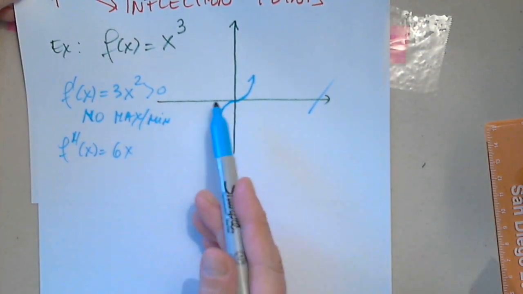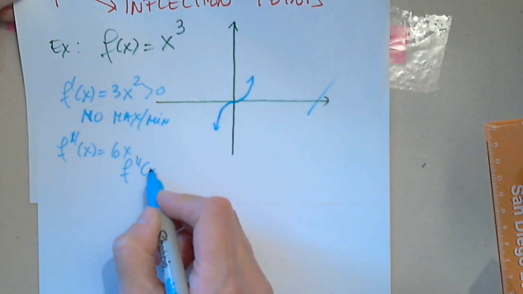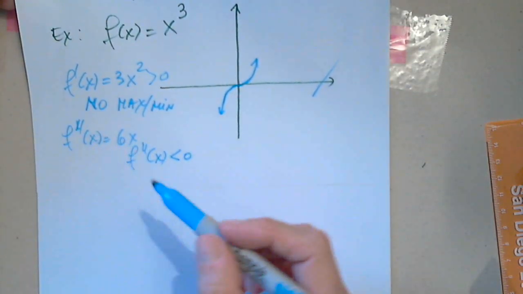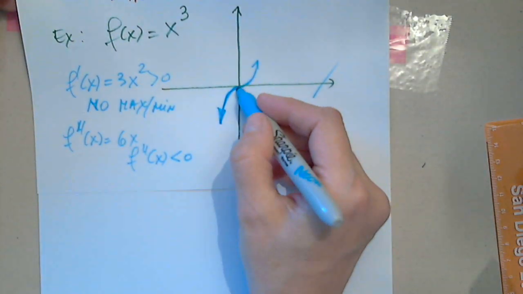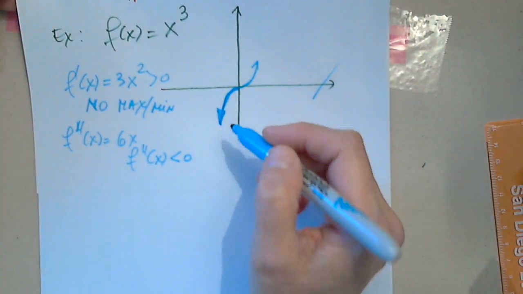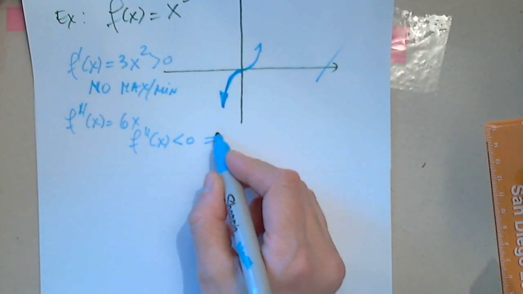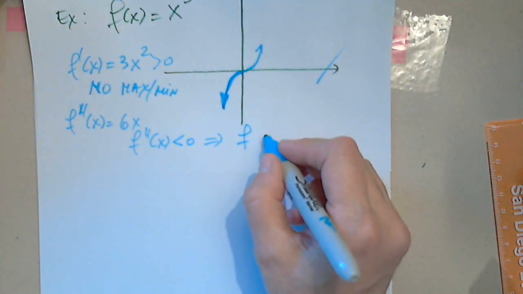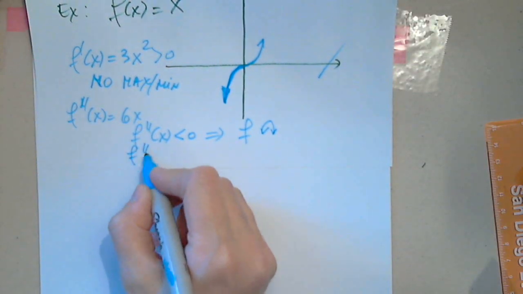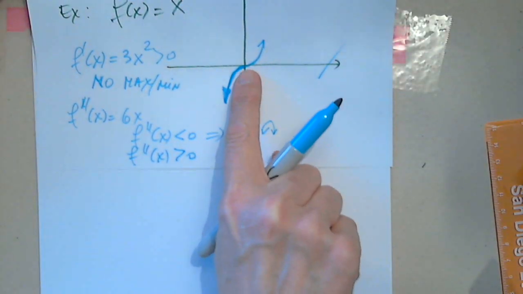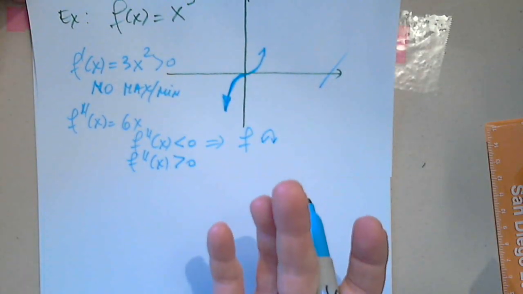Okay, to the left-hand side, see what happens? The second derivative is less than 0, to the left of 0. And the function is concave down. Concave down, opening down. Then, so the second derivative negative, function is concave down. Second derivative positive, which is to the right hand side of 0, when x is greater than 0, 6x is positive.